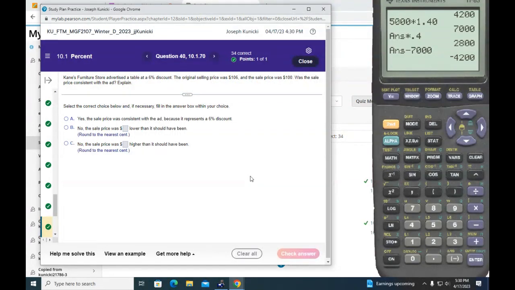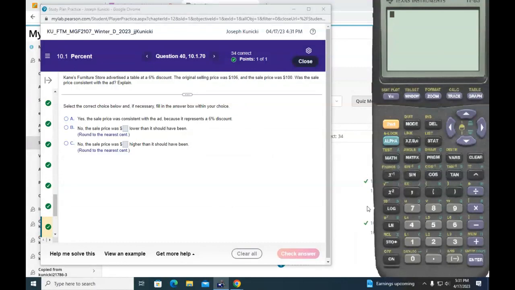Kane's Furniture Store was advertising a table at 6% discount. So the original selling price was $106, and the sale price was $100. So they reduced it by $6. Was the sale price consistent with the ad? Who wants to answer that? 6% reduction.